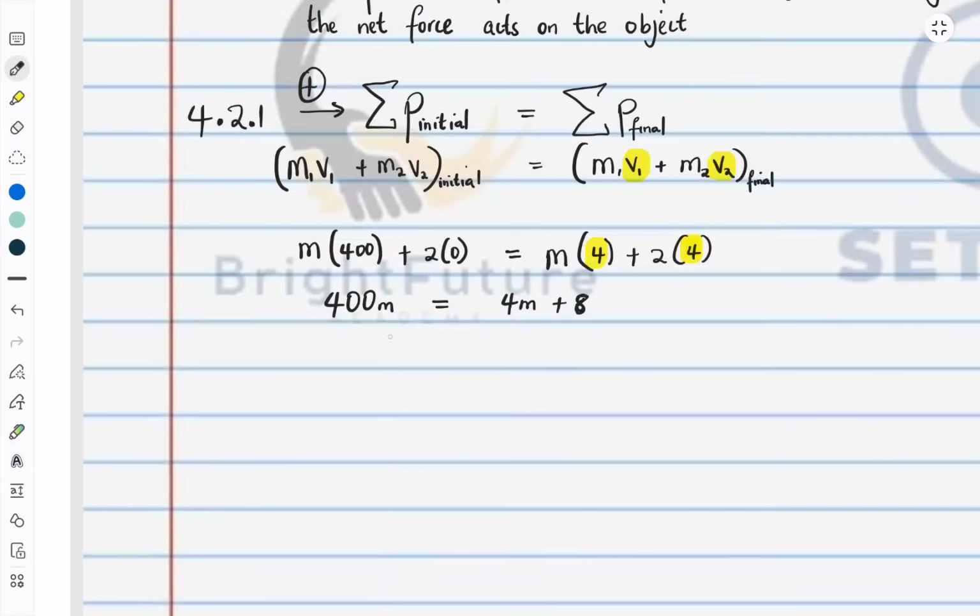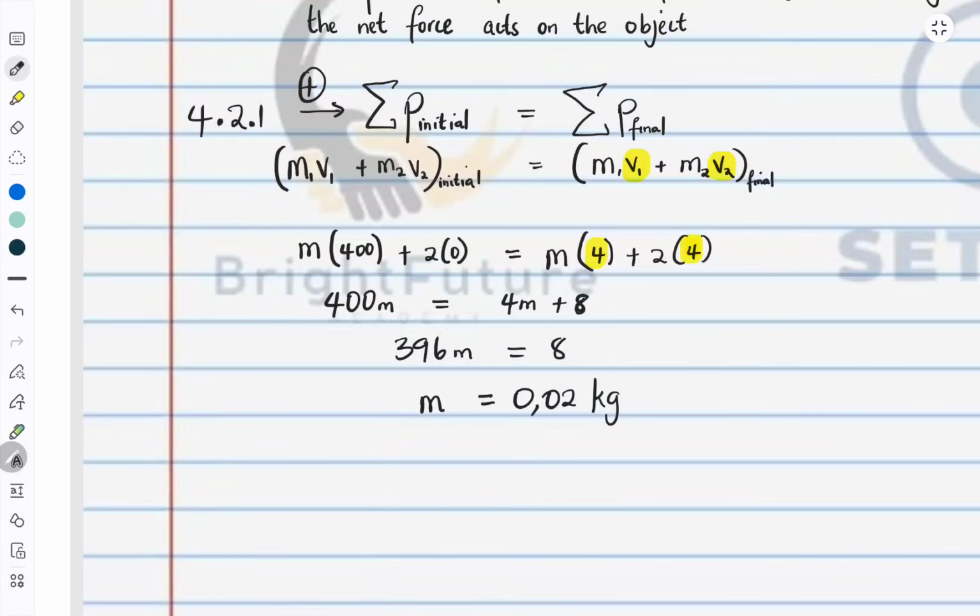So now I can transpose that 4m. I'll get 396m. Imagine having 396m in your bank. Very nice stuff. So now you can divide both sides. 8 divided by 396, you get a mass of 0.02 kilograms.